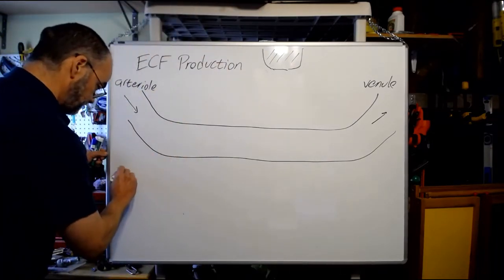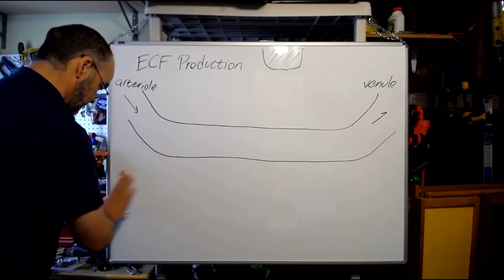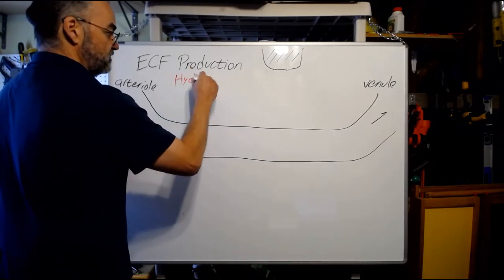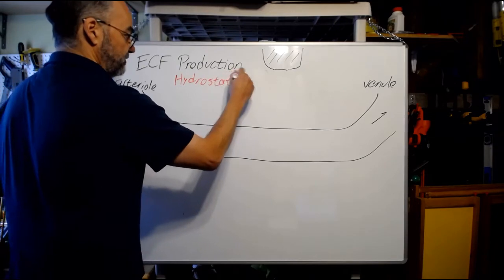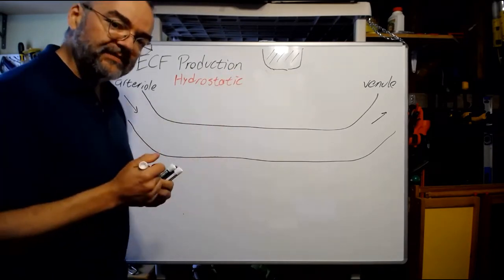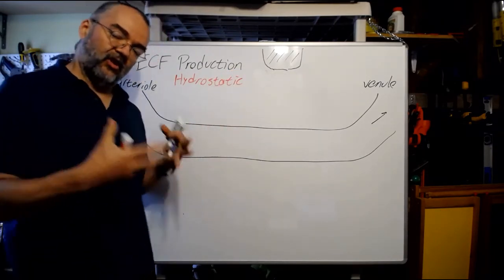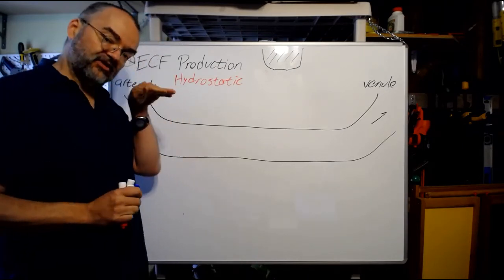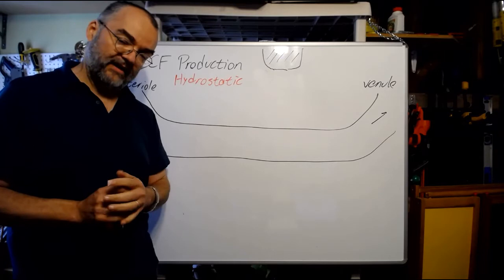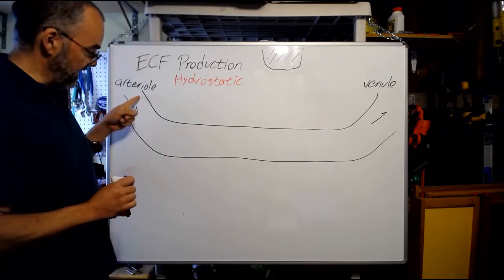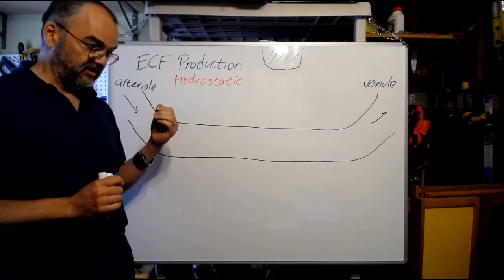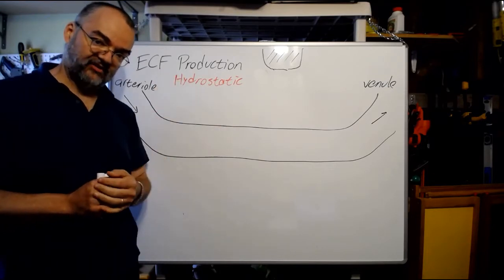So hydrostatic pressure. You've learned something about blood pressure already. You know that the heart and the major arteries are what applies that pressure. You know that that pressure acts to push the blood away from the heart. And then that pressure gets less as we go further away. Remember, we talked about how the pressure drops off with distance from the heart.